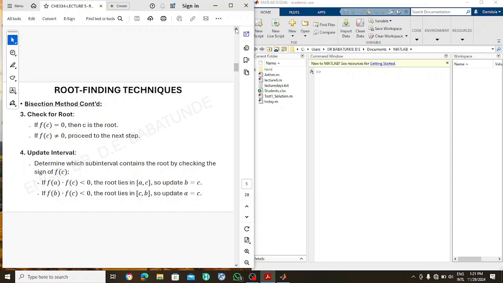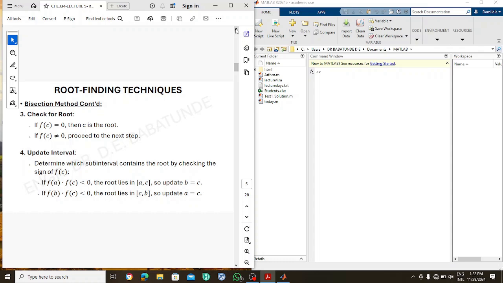You may not get 0 exactly, but you work with a tolerance limit. Once your f(c) is lesser than that tolerance value, then it's okay. The point where f of the midpoint is close enough to 0 is the root.